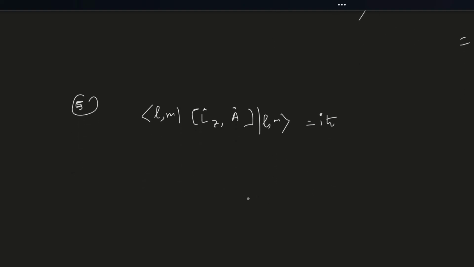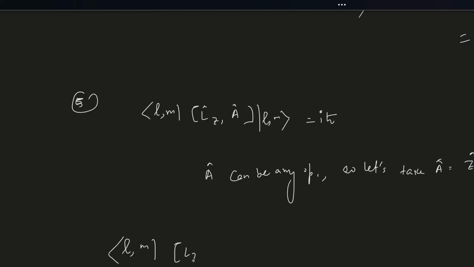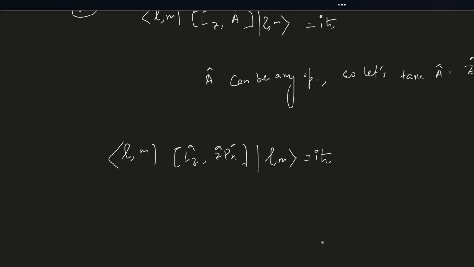Now because A can be any general operator, why not take A equal to the new operator they are giving us, z px? Then l m, the commutator of Lz and z px, l m will be satisfying the formula of i h cut.